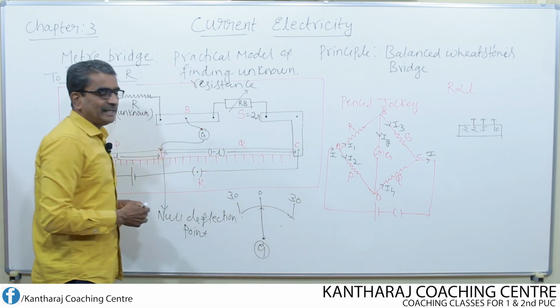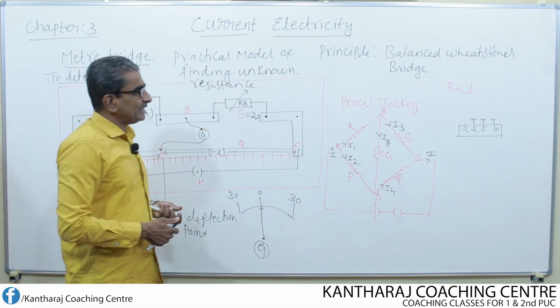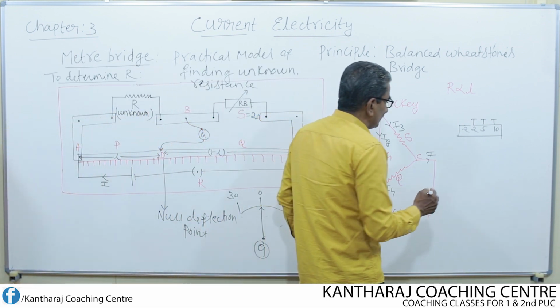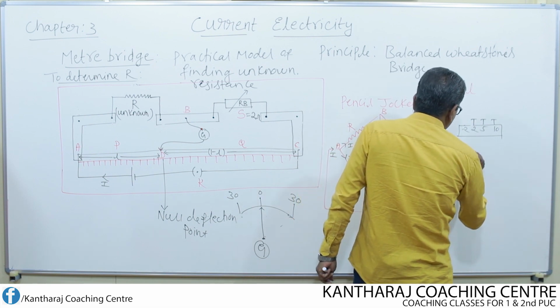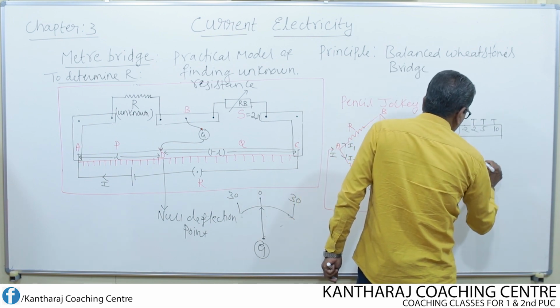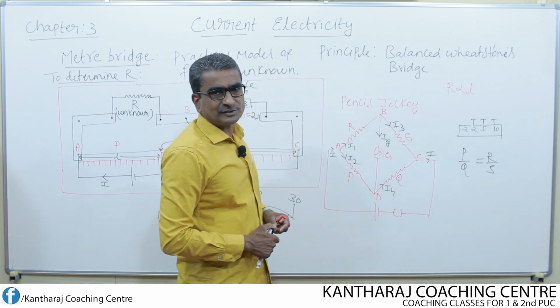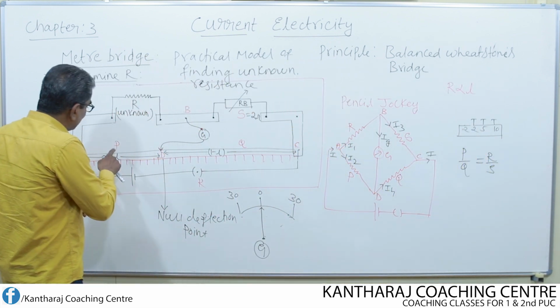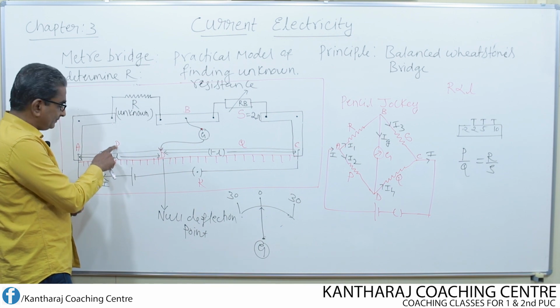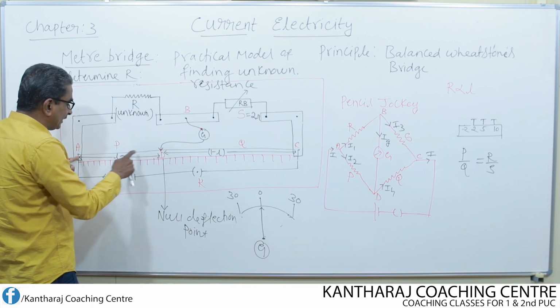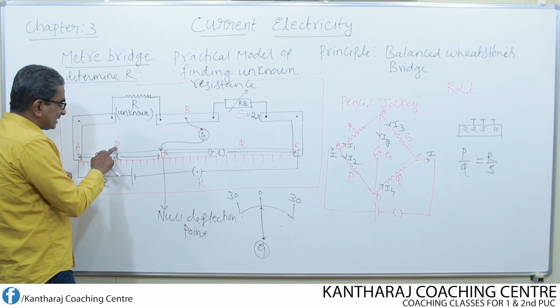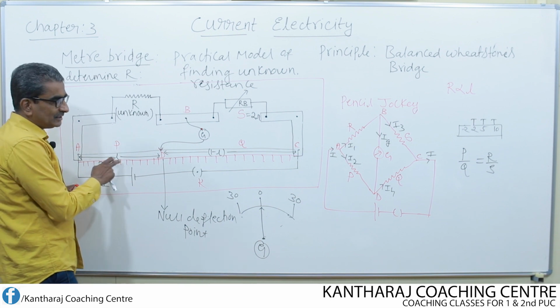Now once the bridge is balanced, we can use the balance condition. What is the condition for balance? P by Q equal to R by S. This is the condition for balance. What is the value of P? The value of P is equal to L, because resistance is directly proportional to length.